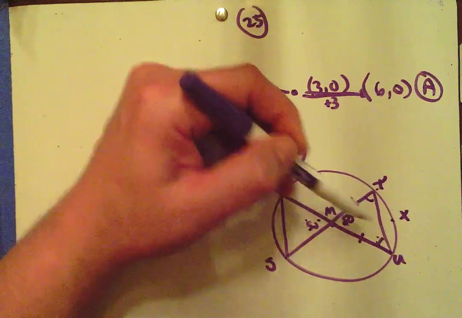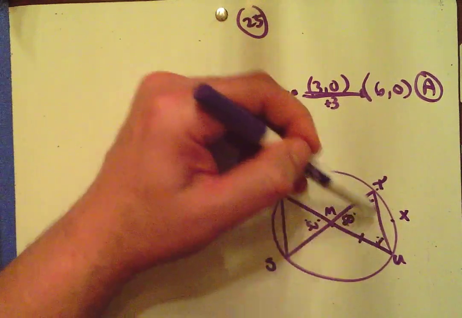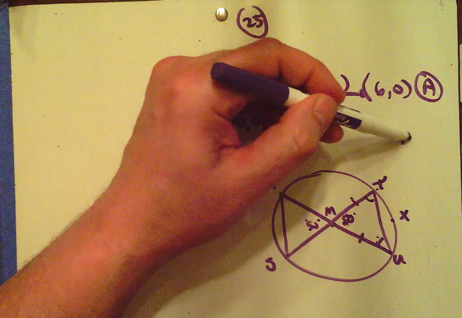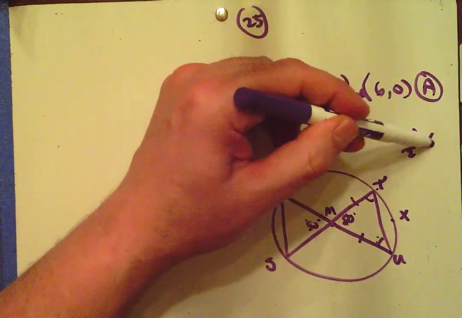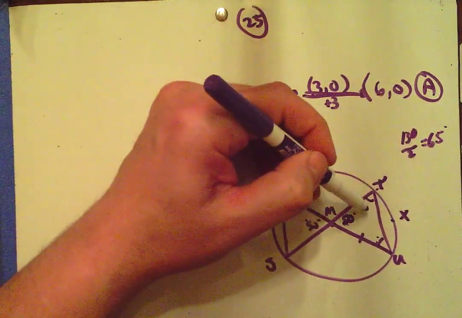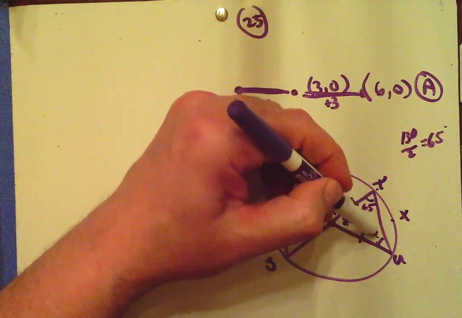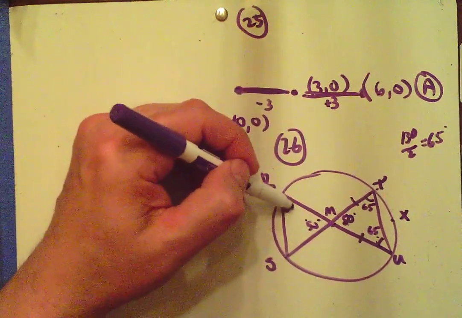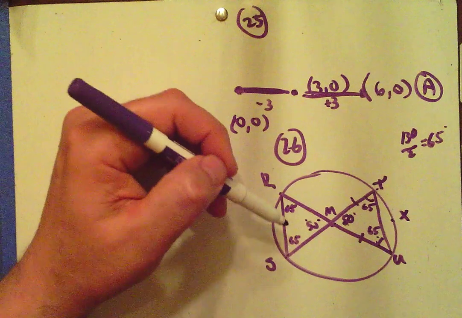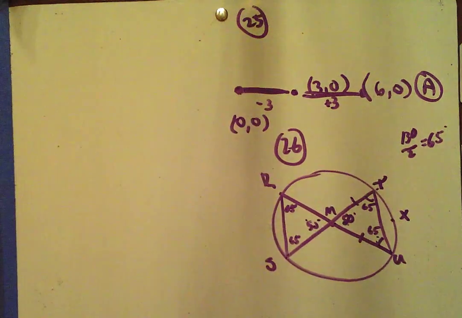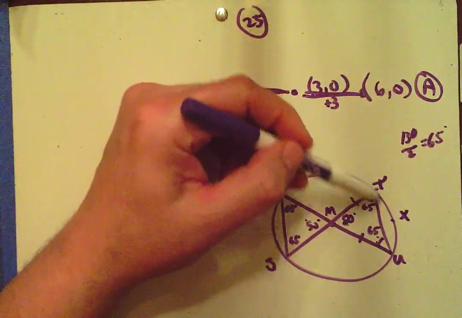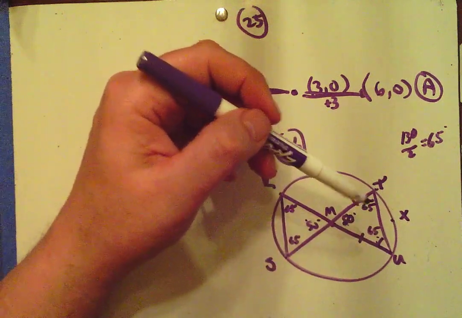You've used 50, so you've got 130 left over for these two. 130 divided by 2 gives you 65 degrees. So this is 65, and this is 65, and that's the same over here as well. Okay? So we know that measure of angle TUM is 65. That was true.